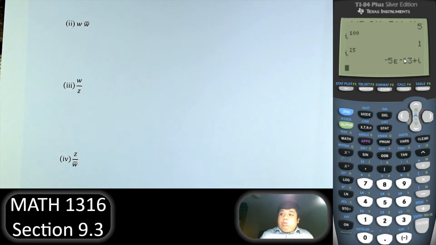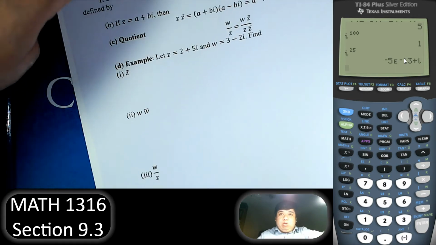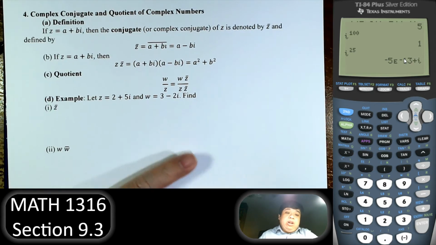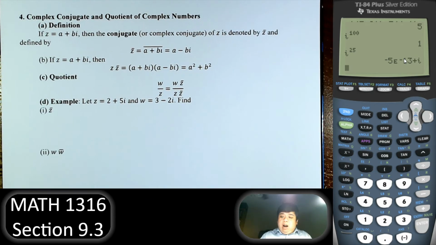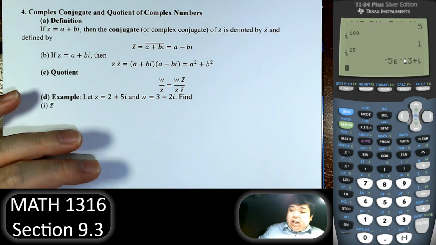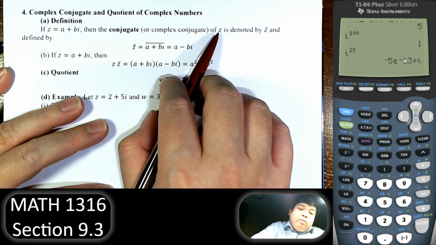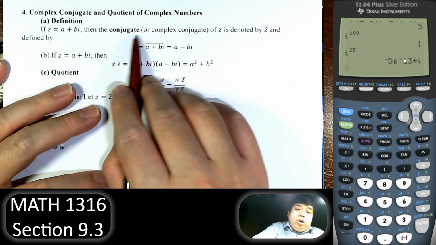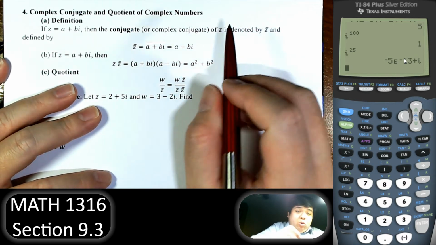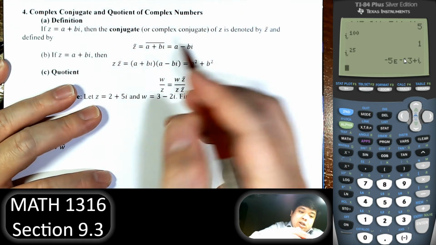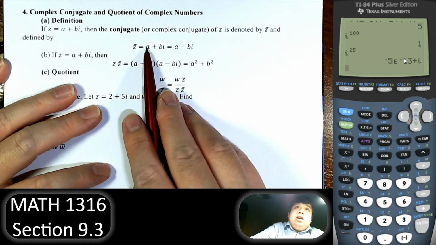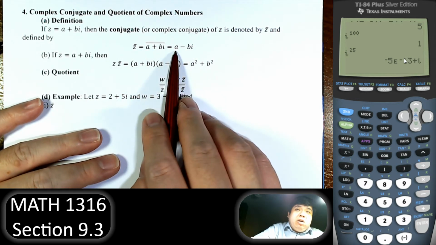Of course, we can add, we can subtract, we can multiply. How do we divide? In order to divide, we have to define one thing that is called the complex conjugate. If a number is z, the conjugate of that is denoted by z bar, where we draw a bar on top of it. The conjugate of a plus bi is a minus bi.